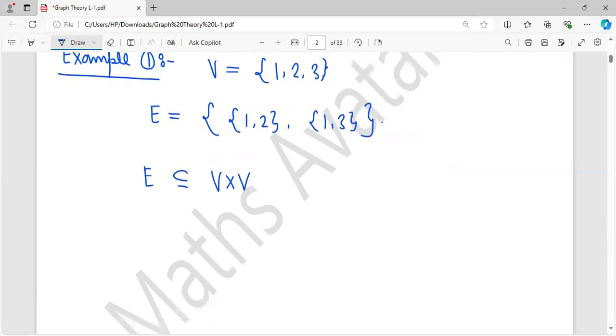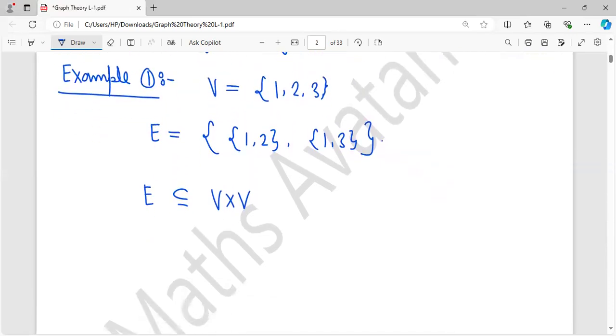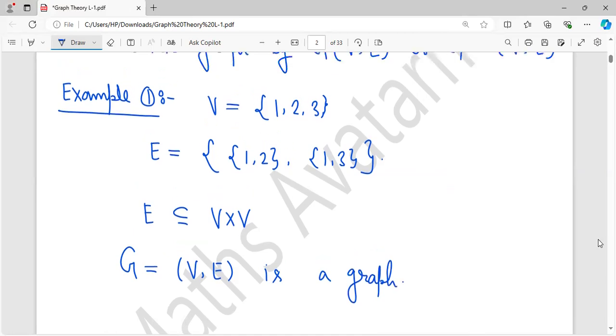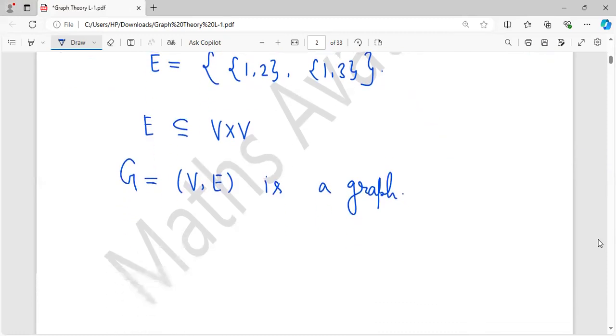Now, how to draw the graph? G is equal to V, E is a graph. What is the pictorial representation of this graph?